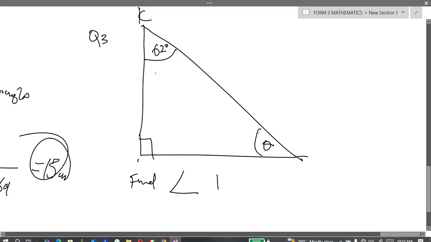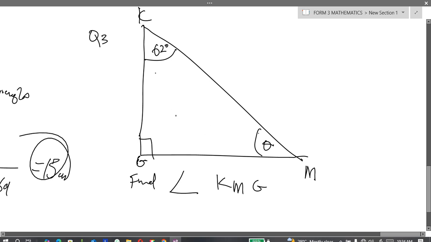Let's name here J and here M. Find angle KMJ. So this is pretty simple.